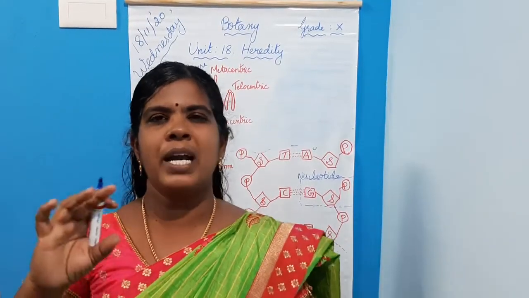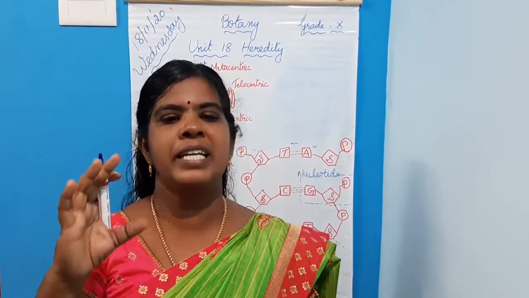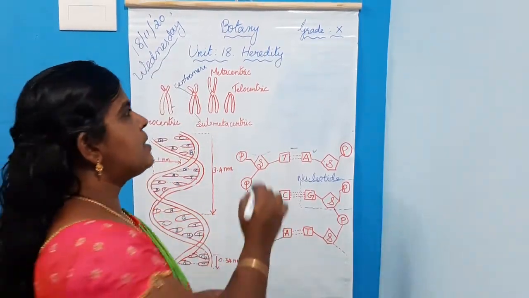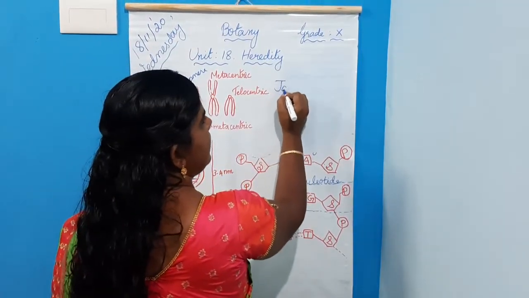The most widely accepted model of DNA is the double helical structure proposed by James Watson and Francis Crick.